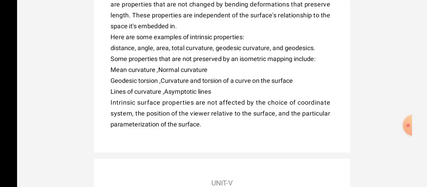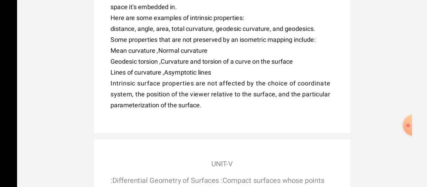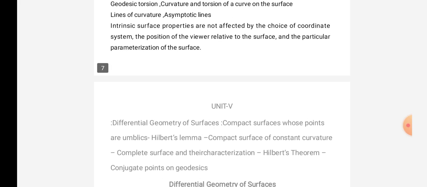Some properties that are not preserved by isometric mapping include mean curvature, normal curvature, geodesic torsion, curvature and torsion of a curve on a surface, lines of curvature, asymptotic lines. Inelastic surface properties are not affected by the choice of coordinate system, the position of the viewer relative to the surface, and the particular permutations of the surface.